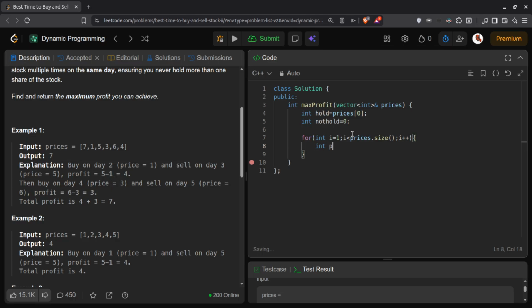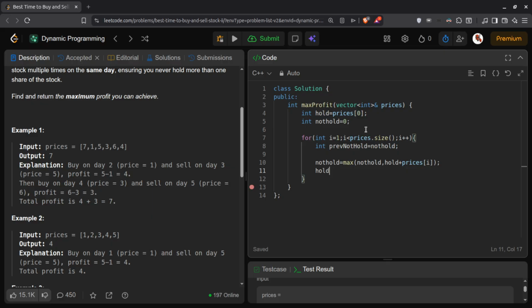Then in the loop, notHold is equal to, sorry, this. Then what I can say, notHold is equal to max of, notHold, comma, hold plus prices at index i.